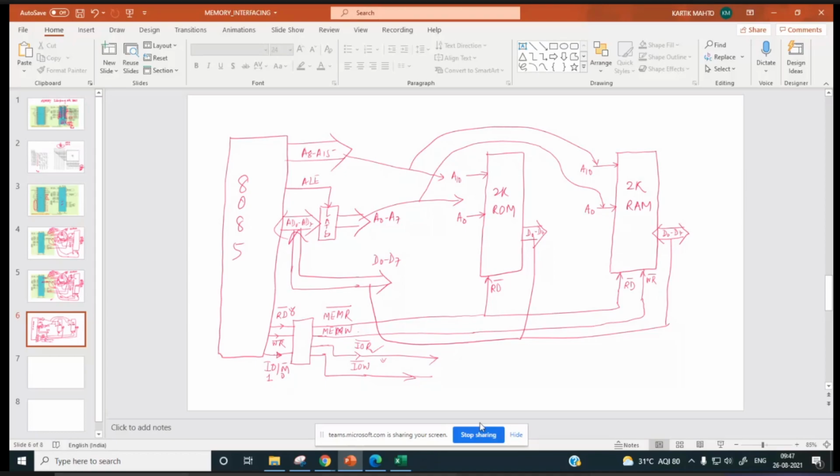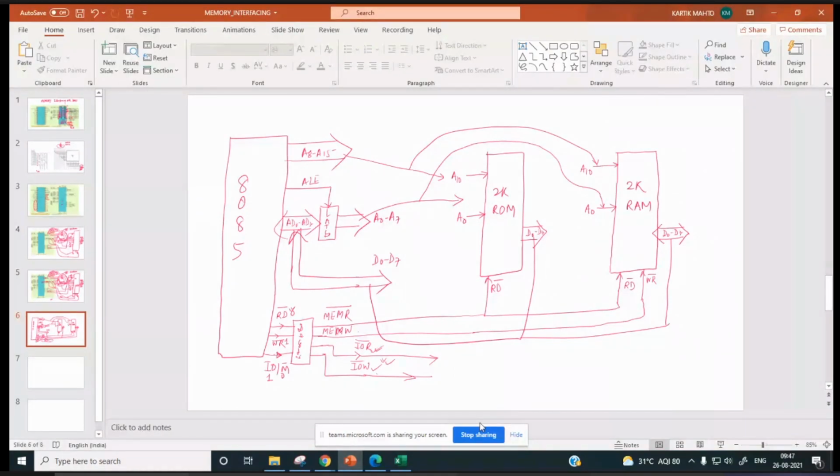And if write bar is high, then it will generate this signal. IO is 1, read bar is low, write bar is 1, then IOR will be generated. So this one is the decoder. This way it will be interfaced.